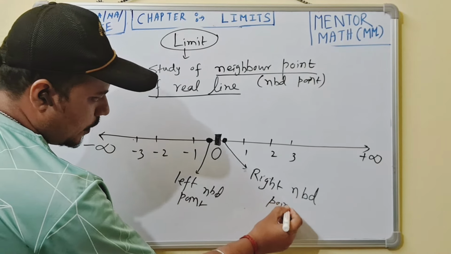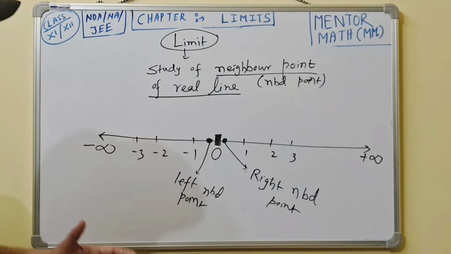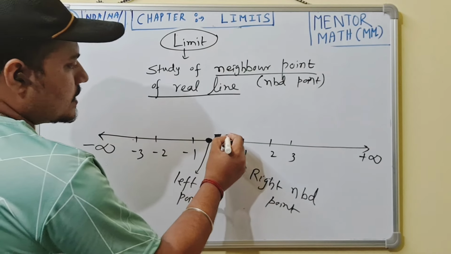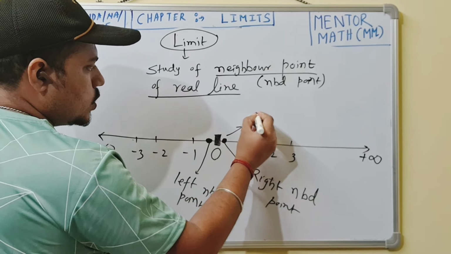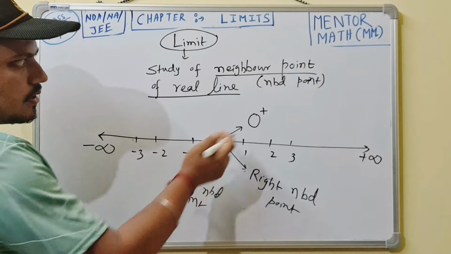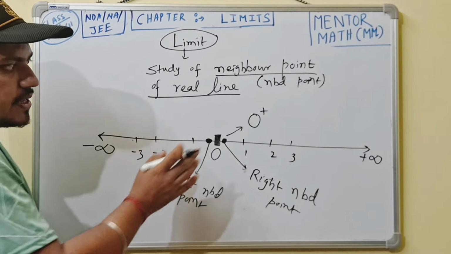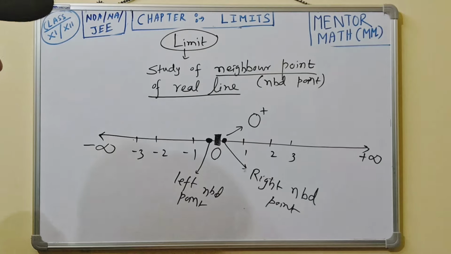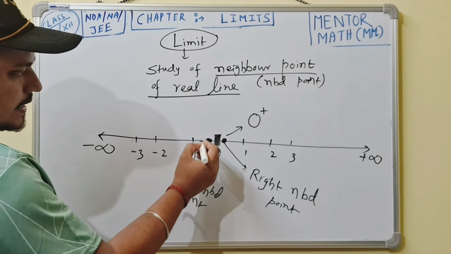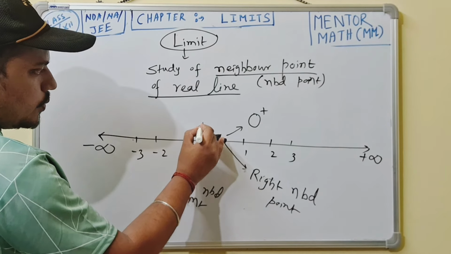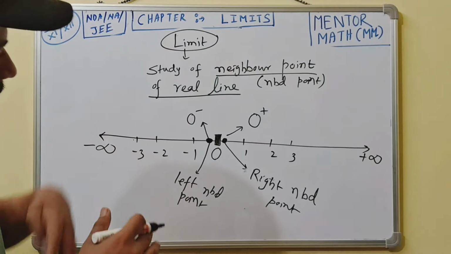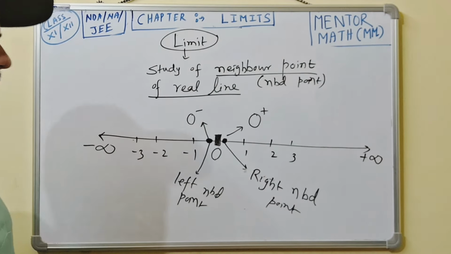The right neighbor point we can represent as 0 plus, that means the right neighbor of the point 0. Similarly, the left neighbor point we can represent by 0 minus. In that way we can represent it.